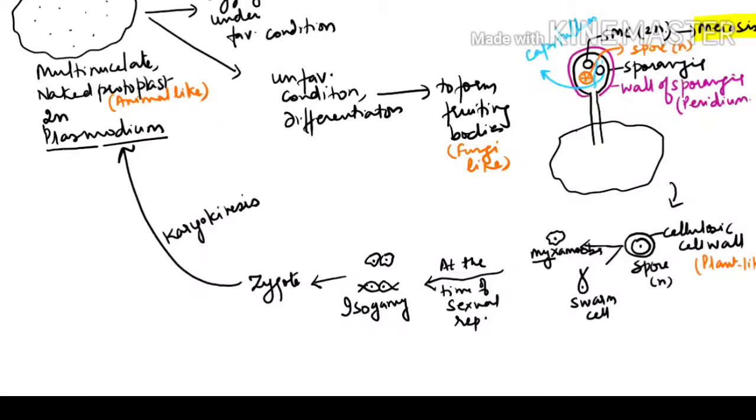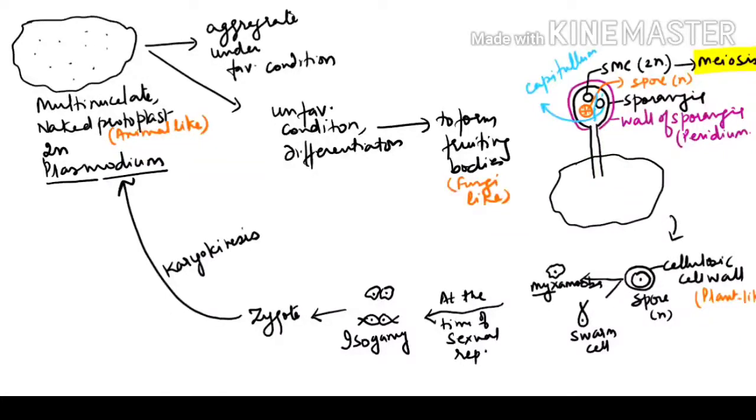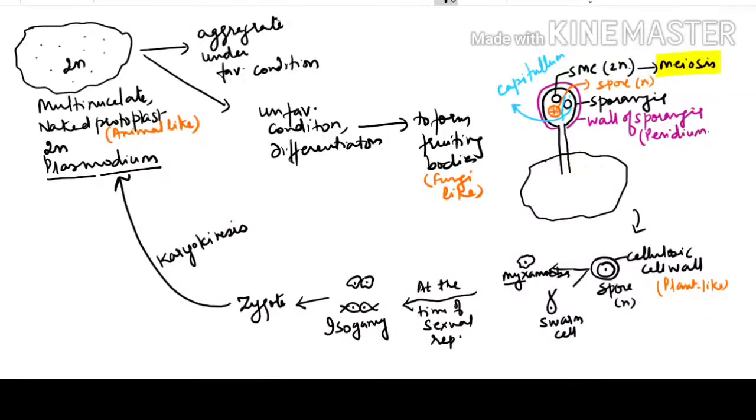So now see one thing, just see the slide. You're finding this is the entire slide, see the summary. The main body is 2N, which is showing only one type of meiosis, that is sporic meiosis. And after that, they are showing one type of sexual reproduction, that is only isogamous, and zygote is undergoing karyokinesis to form again a diploid body.